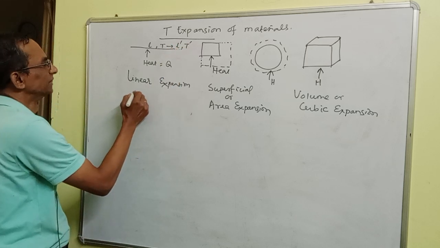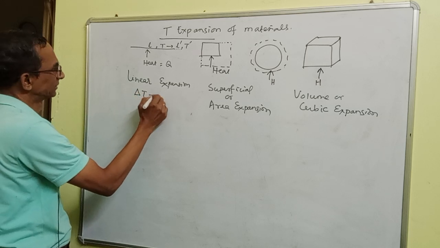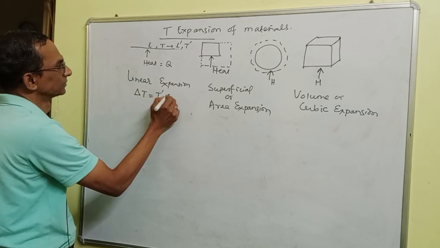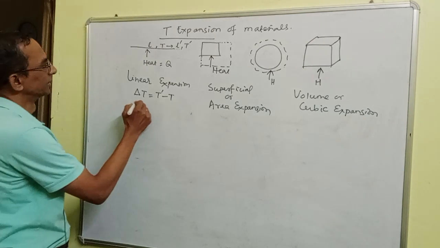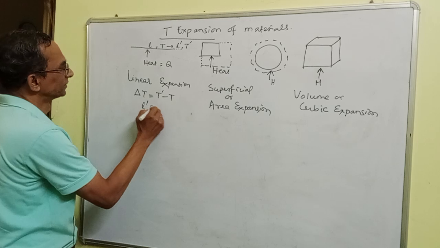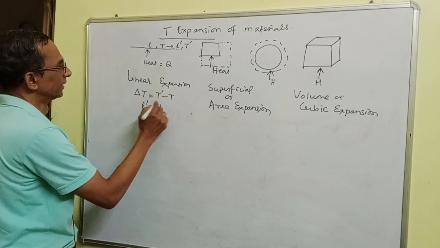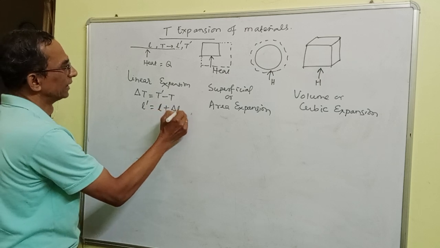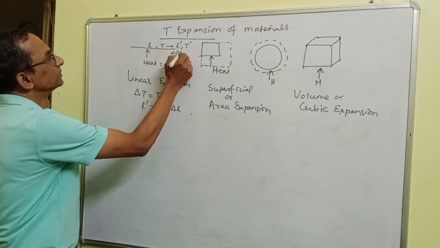That means there is a change in temperature, that is change in temperature is final temperature minus original temperature, and there is a change in length, final length is L plus delta L.